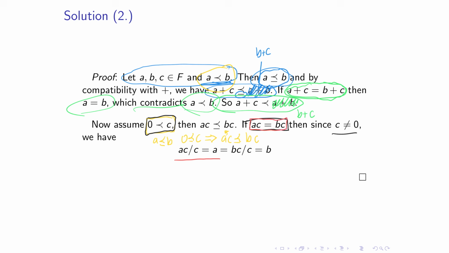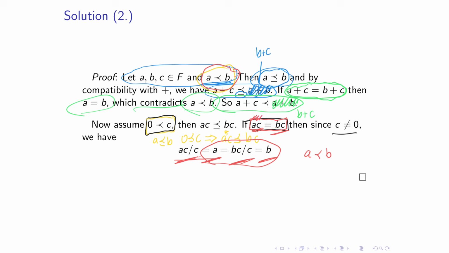So if we divide throughout by C, then AC over C simplifies to just A, and BC over C simplifies to just B. And so we have that A is equal to B. Again, that's an immediate contradiction, because we knew from before that A precedes B, and therefore A does not equal B. So we've got that A equals B, but we also have that A does not equal B. There's our contradiction.